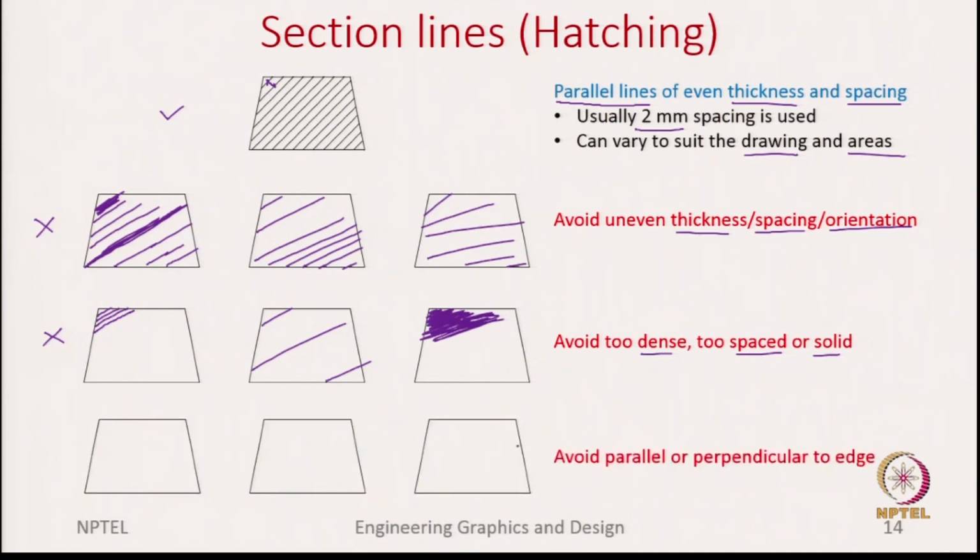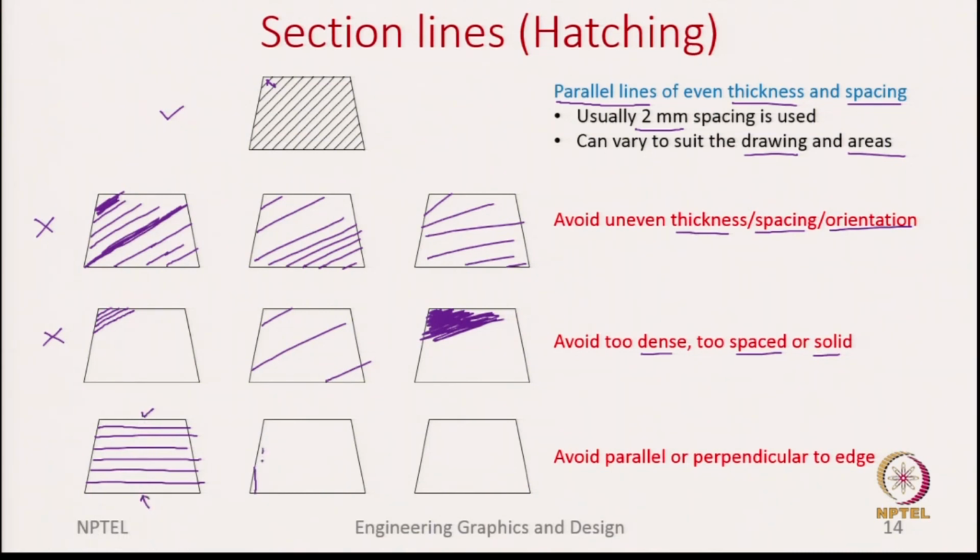And lastly, avoid lines parallel or perpendicular to the edge. So, for example, let us say if I do this, this is a poor practice. The reason is that these section lines are parallel to this edge and this edge.